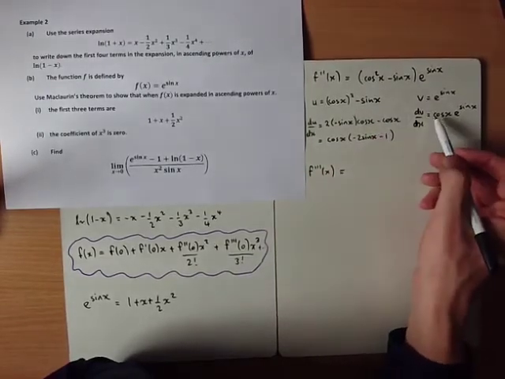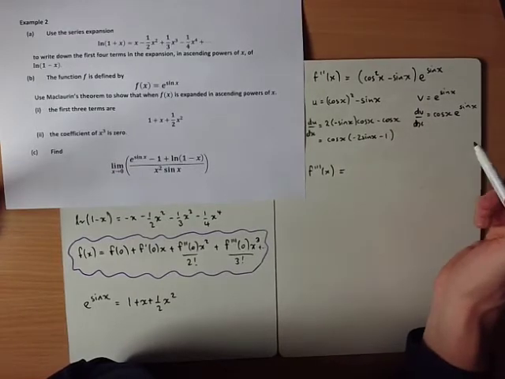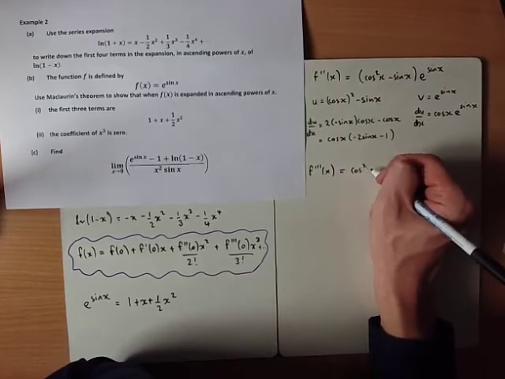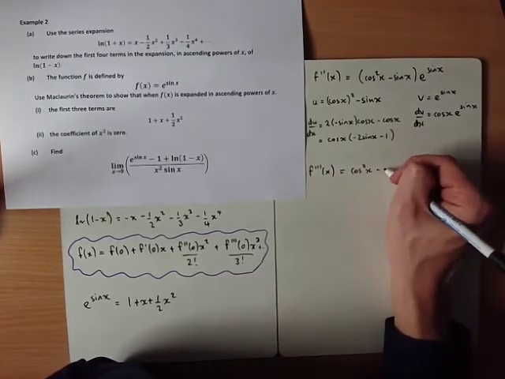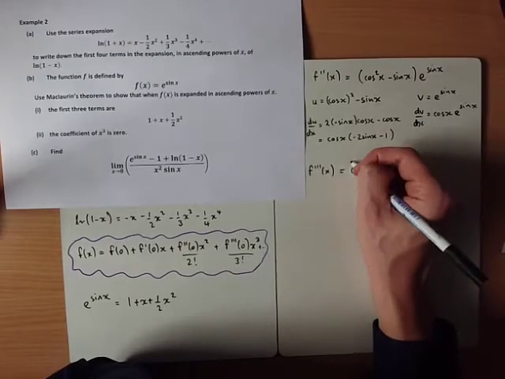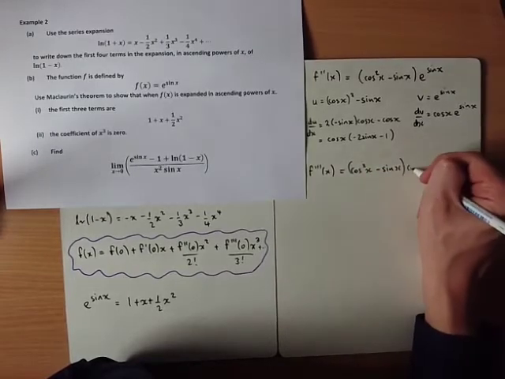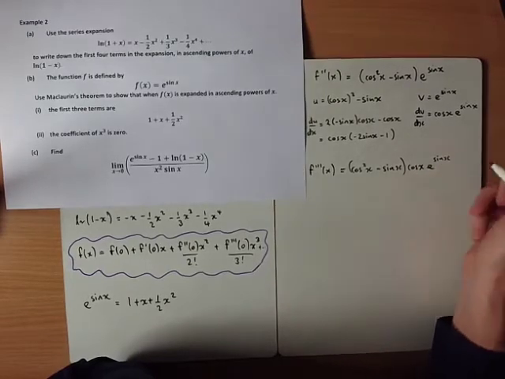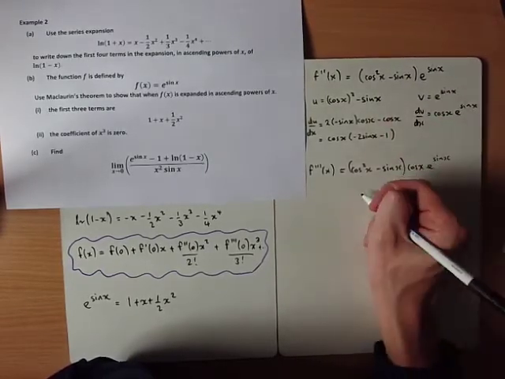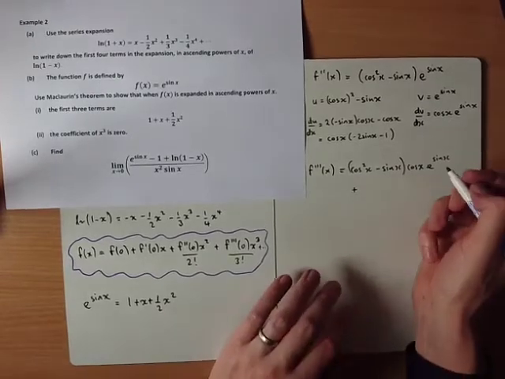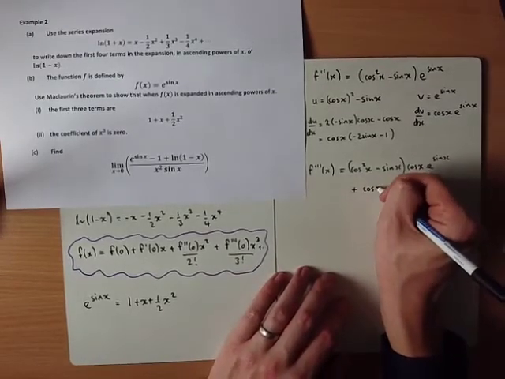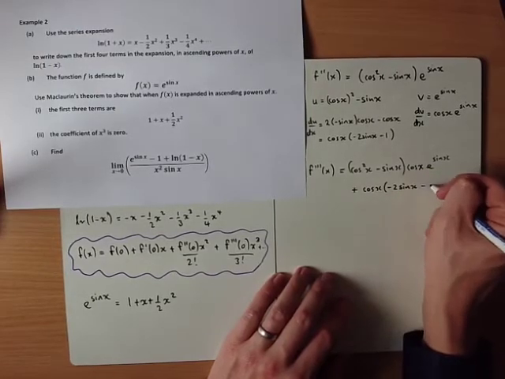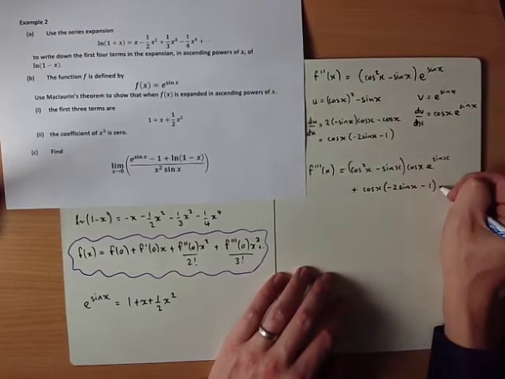So u times by dv and v times by du. So we're going to get cos squared minus sin times by cos e to the sin x, plus v times by du, which is cos x minus 2 sin x minus 1 e to the sin x.